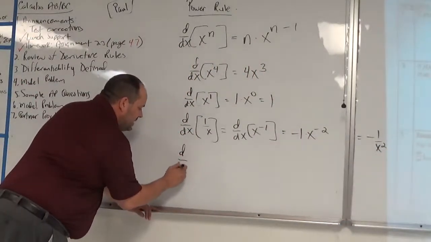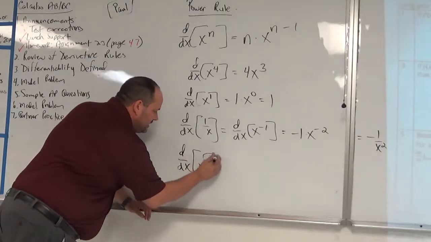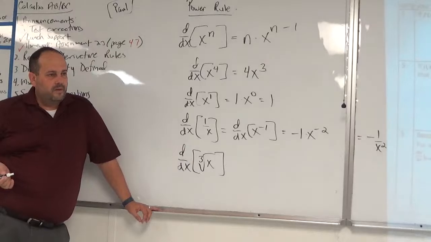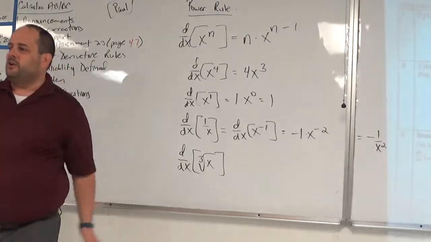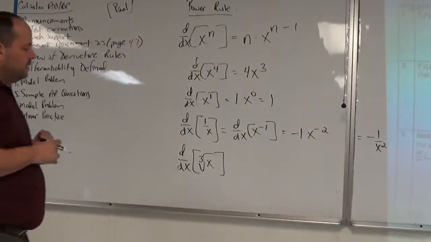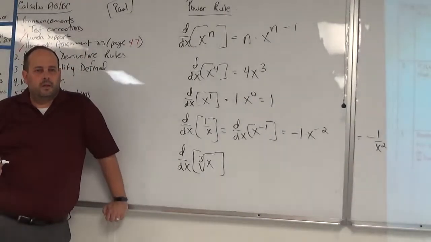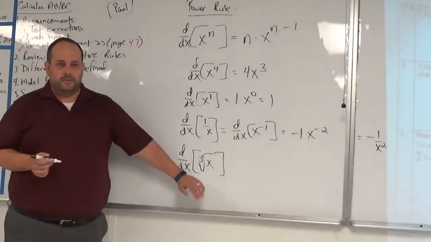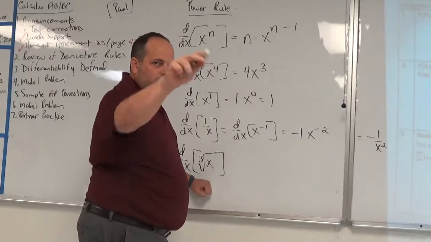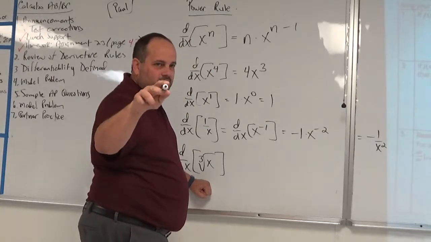Okay, things start to get a little bit wild when we deal with things like derivative of the cubed root of x. Have a quick conversation with somebody near you. How is that a power rule question? It's x to the 1/3. Do you see it as a power rule question? Do the friends around you see it as a power rule question?